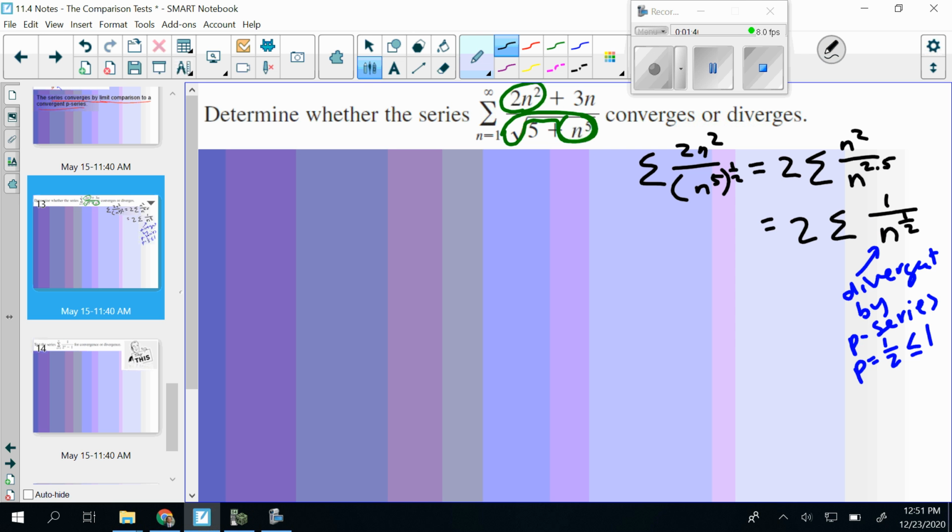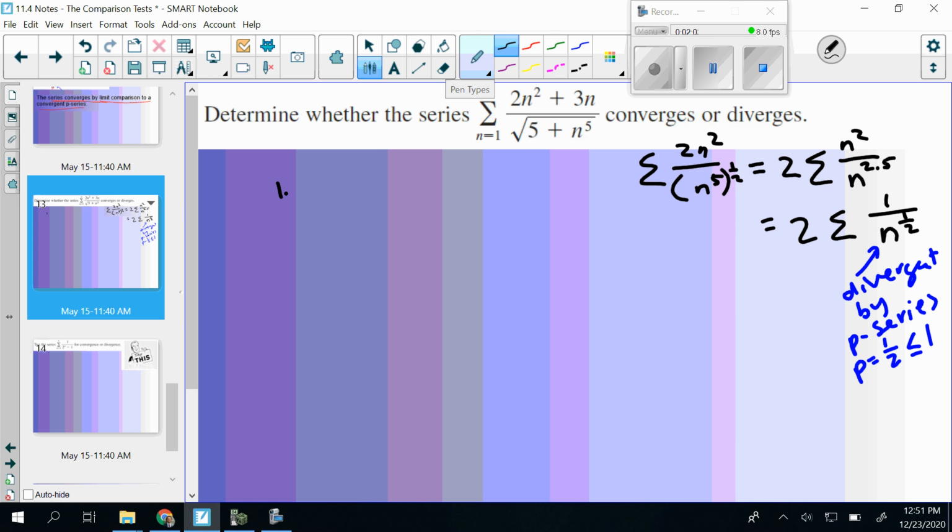So what we have to see now is the one we started with, is that bigger or smaller? Well, it's tough to tell, because although we are adding something in the numerator which would make it bigger, we're also adding something in the denominator that makes it bigger too. So this would be a good one to go right to limit comparison.